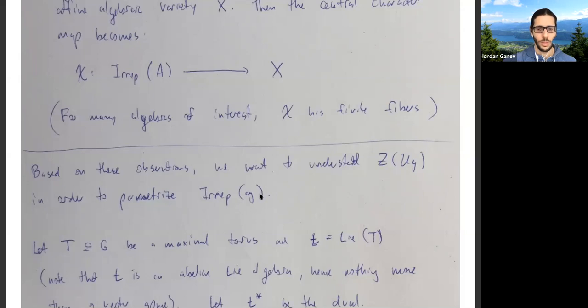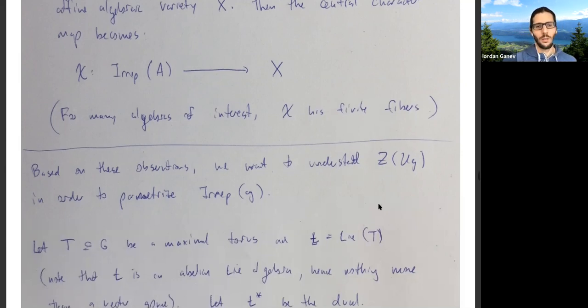The irreducible representations of the Lie algebra are the same as the irreducible representations of the universal enveloping algebra, and then we can use the center of the universal enveloping algebra to give us some sort of parametrization of those simple modules. A priori, maybe there's some more things we need to consider in these fibers, but it'll turn out that there's nothing else to consider. That's the idea behind the Chevalley restriction theorem.